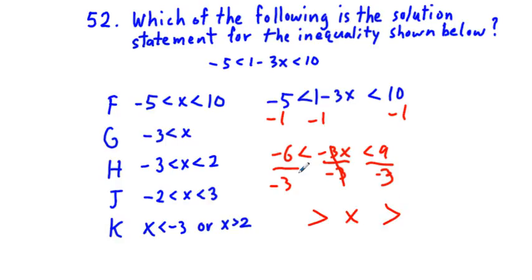So we have x in the middle, and then -6 divided by -3, which is 2, on the left side. On the right side, we have 9 divided by -3, which is -3. So which is our correct answer? Well, it's the same as H but ordered differently. So H is our correct answer.